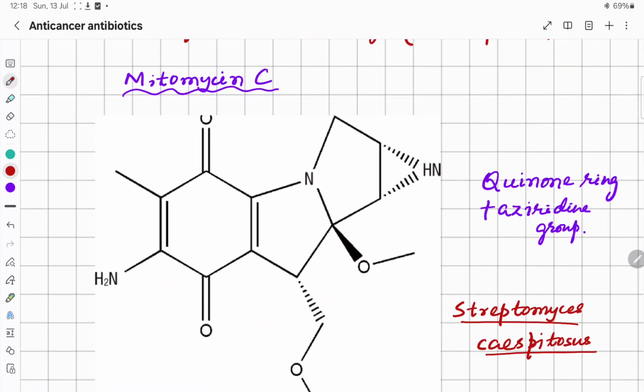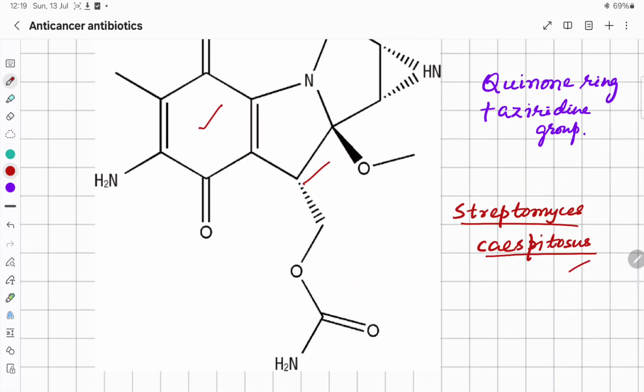Then the third group of anti-cancer antibiotics contains the quinone ring and the aziridine group, and an example is mitomycin C, which is isolated from Streptomyces caespitosus. So this is an antibiotic because it is derived from this bacteria.